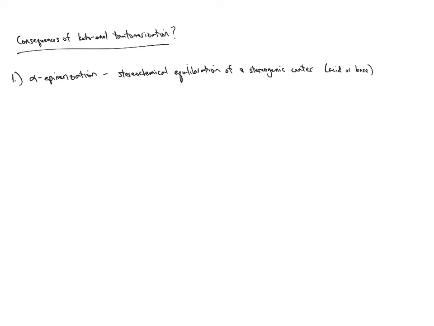Okay, so let's say we have this species right here. This is chiral. And so let's say we take this and throw it in acid. What might happen? Well, what might happen is you might get an epimerization to occur, or a tautomerization to occur. And so we get the ketone to protonate, right?